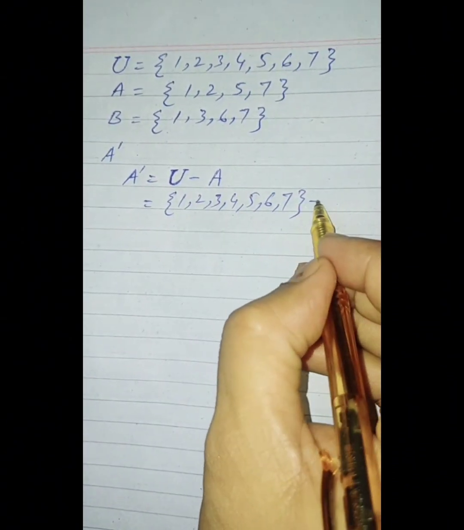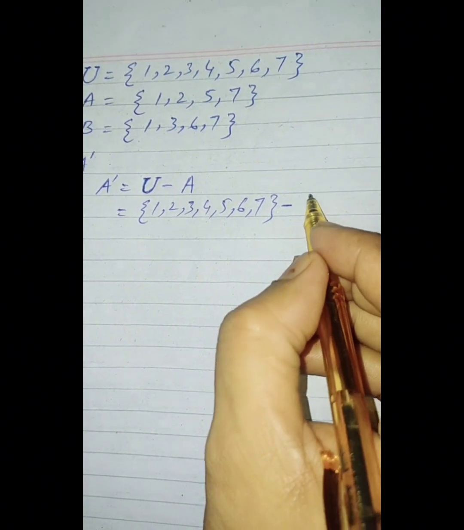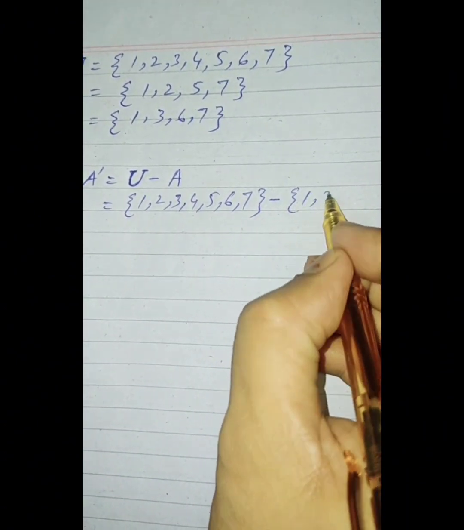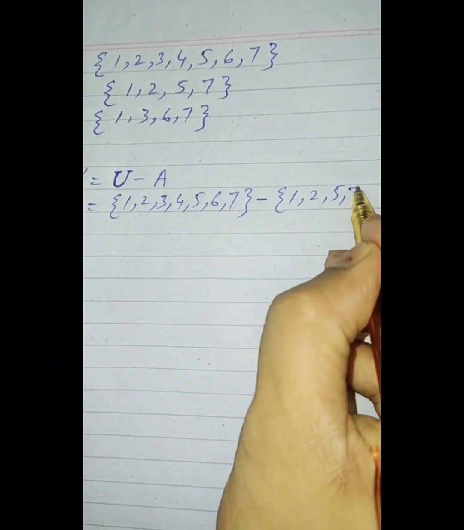Then put the sign of minus and then set A whose members are 1, 2, 5, 7.